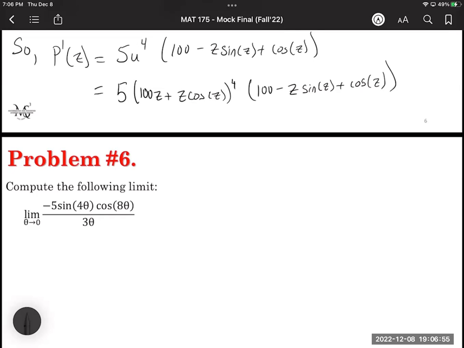Okay, so when you were learning about limits, there was one special limit that you learned earlier on regarding trig, right? What was that special limit?